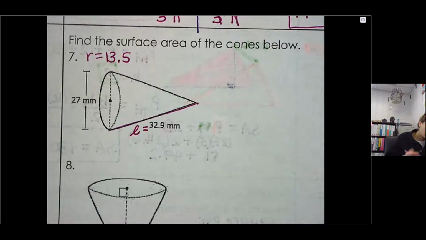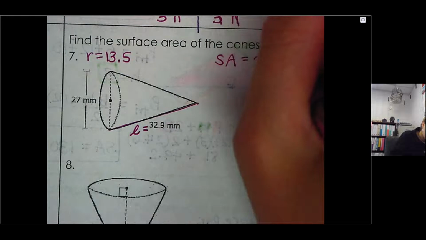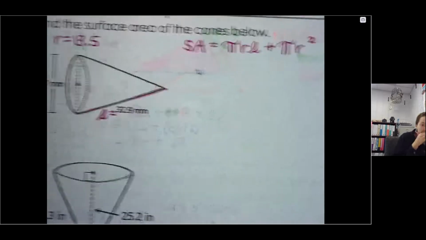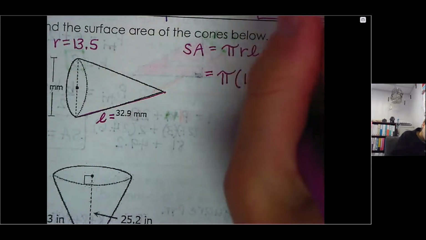So I'm going to start substituting. So surface area is pi r L plus pi r squared. Plugging things in. My radius is 13.5.